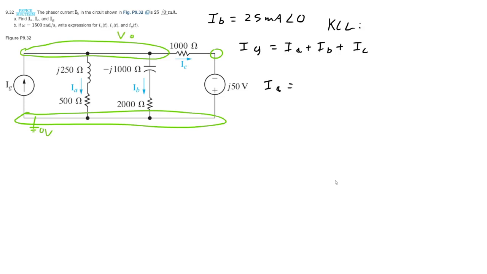And here's VG, and this will become minus j50. So we can say that IA is VG minus 0 over 500 plus j250.